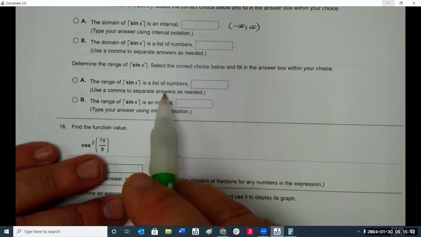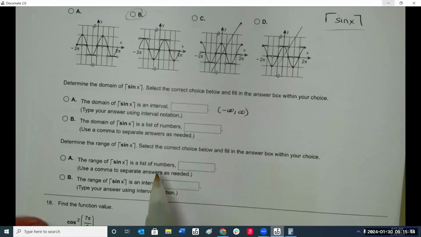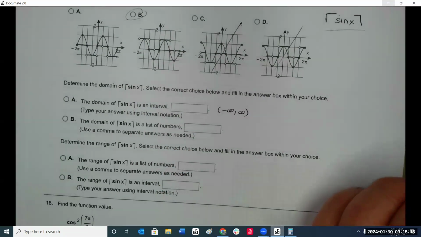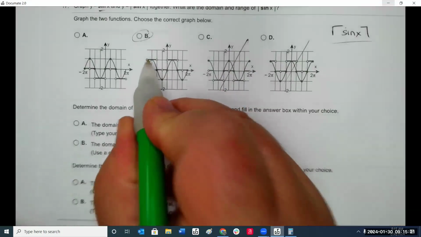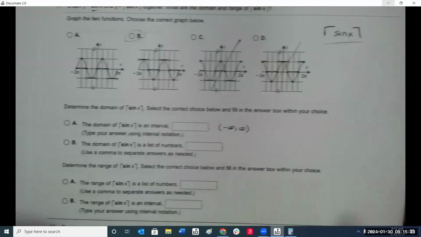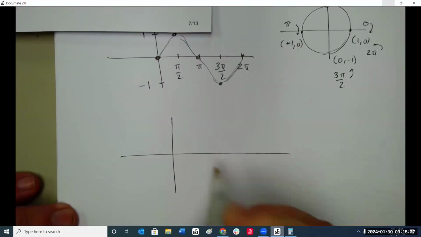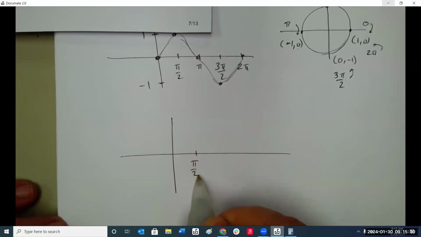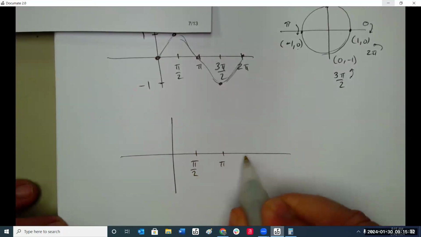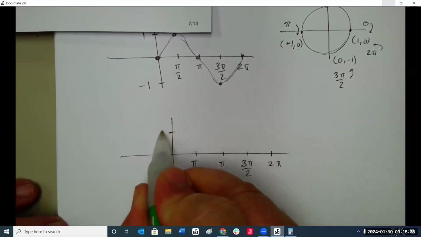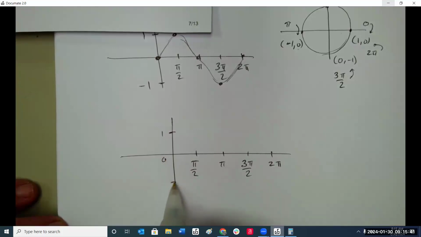That is what it means. Because the graph here is the sine function. This little thing says, so we have pi over 2, pi, 3 pi over 2, 2 pi, from 1 to 0 to -1.